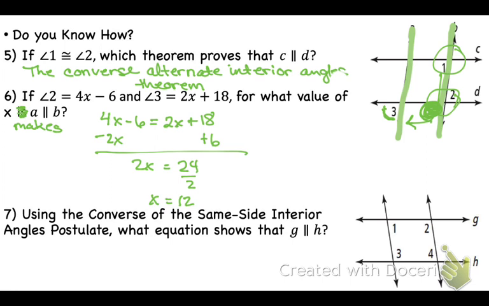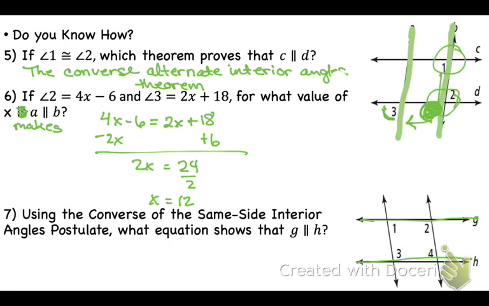Same side interior angles are supplementary. So what is that number? 180. So if I add those two, they should equal 180. Okay, so we want G to be parallel to H.